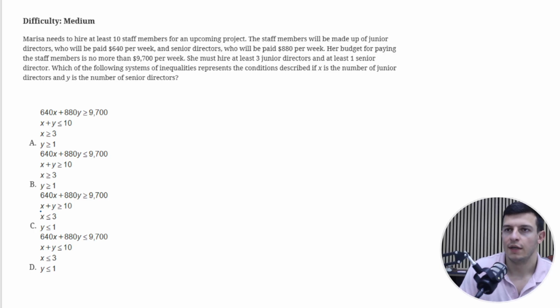Moving on, Marisa needs to hire at least, keyword, 10 staff members for an upcoming project. The staff members will be made up of junior and senior directors. Junior and senior. So let's call juniors x, seniors y. Juniors will be paid 640 and the seniors will be paid 880.